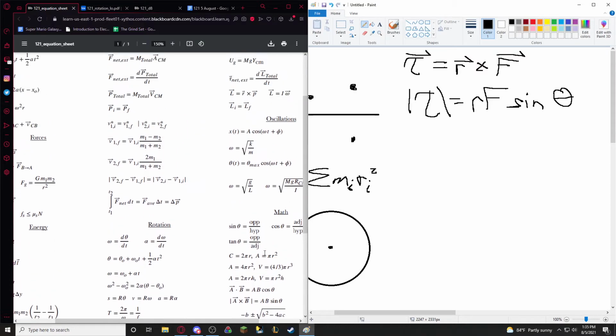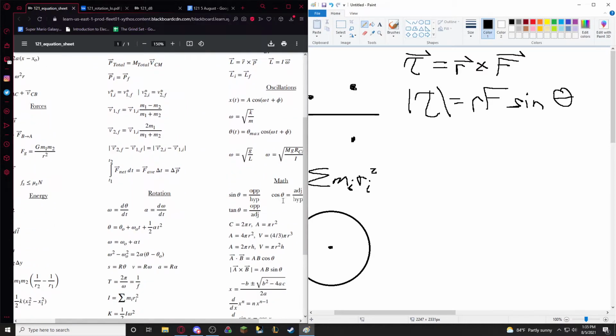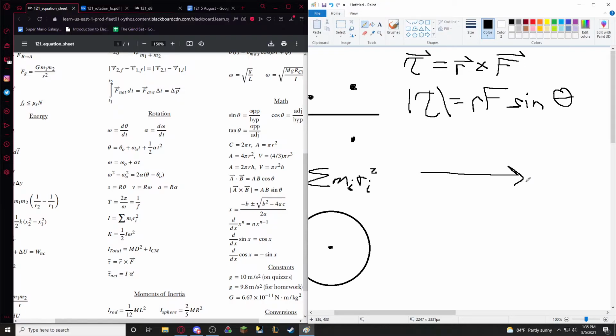What would be the sine of 90 degrees if, for example, r goes out like this and our force is acting straight downwards on a rod hanging out from a wall? That would just be 1. Exactly. Sine of 90 is 1. And what if our force is acting opposite to our displacement vector?